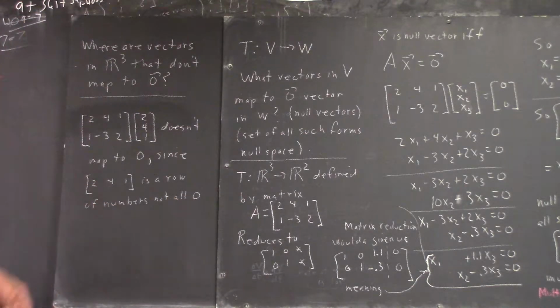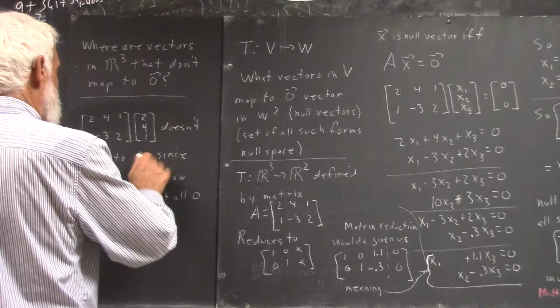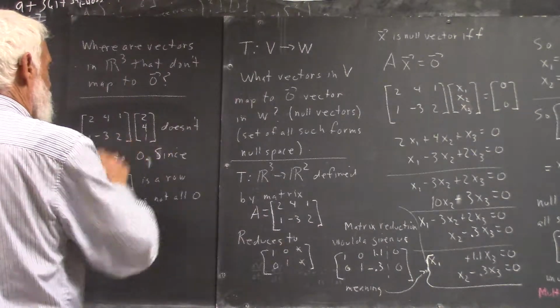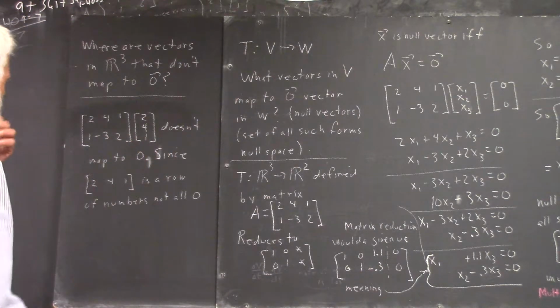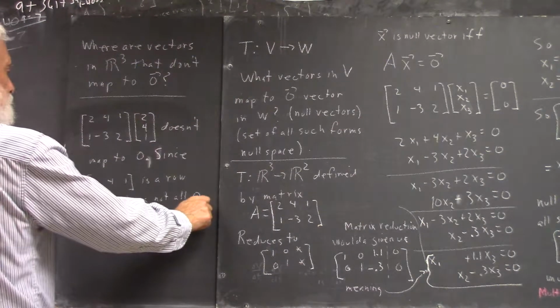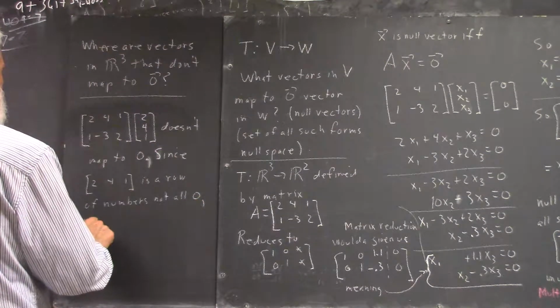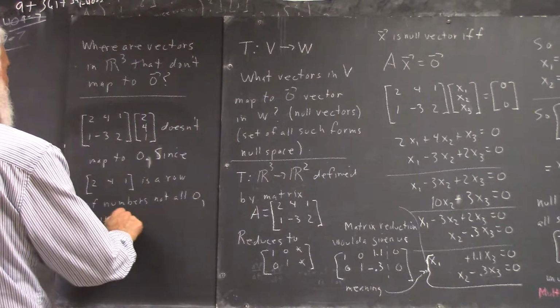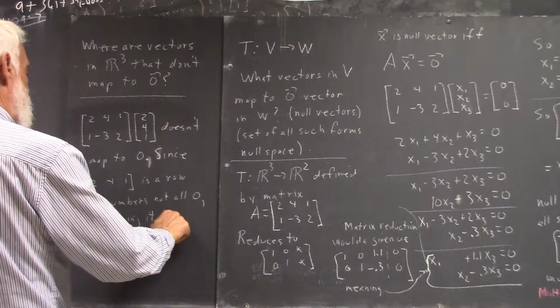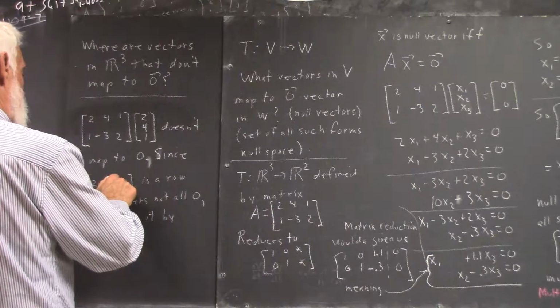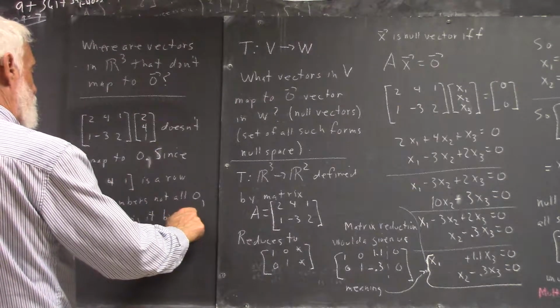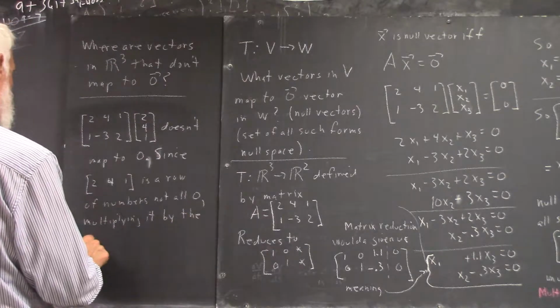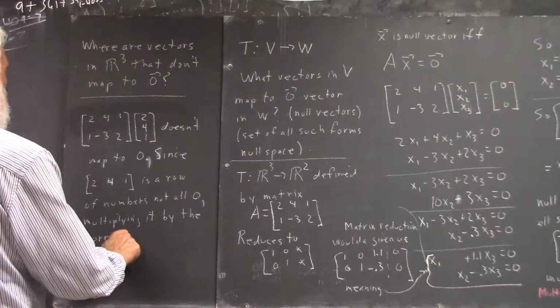Since 2, 4, 1 is a row of numbers, not all 0, I haven't mentioned the word transpose yet.